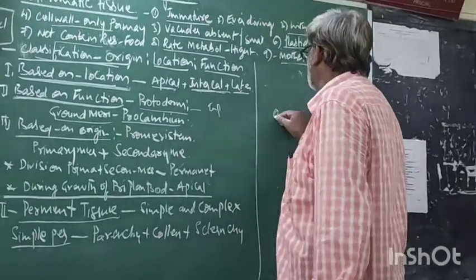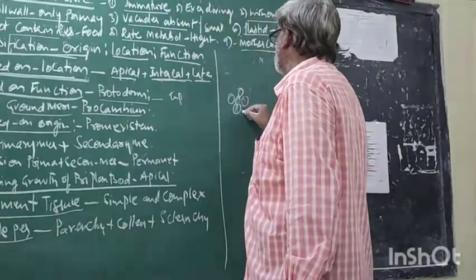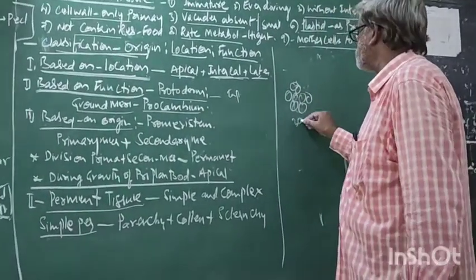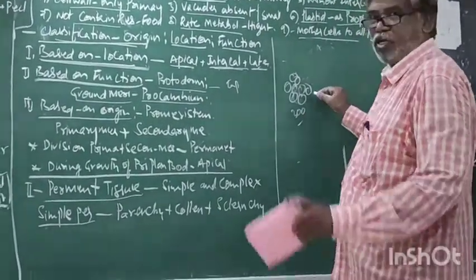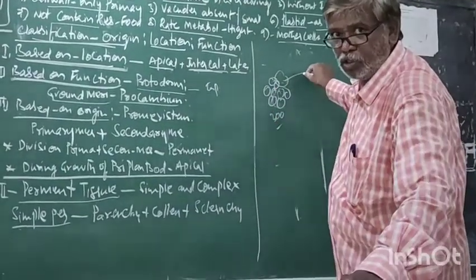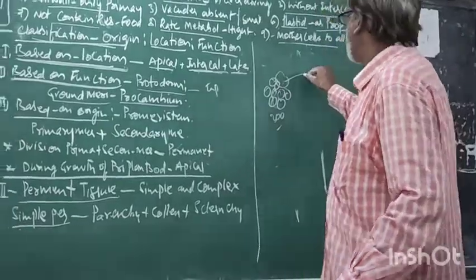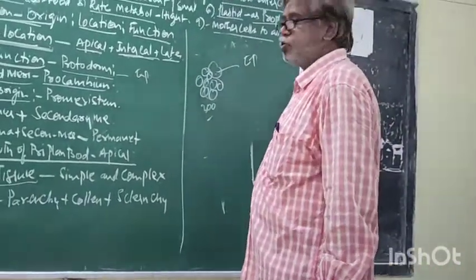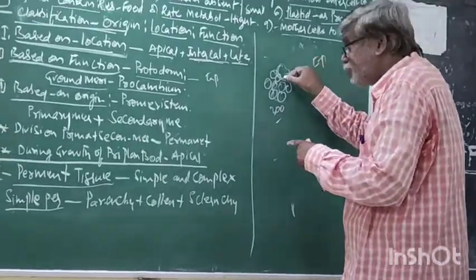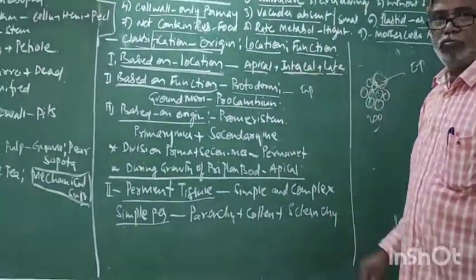Suppose 300 meristematic cells are there. Among these 300, 100 stop the division, undergo differentiation and form epidermis. So the epidermis is formed by a part of the meristem. Such meristem is called protoderm.